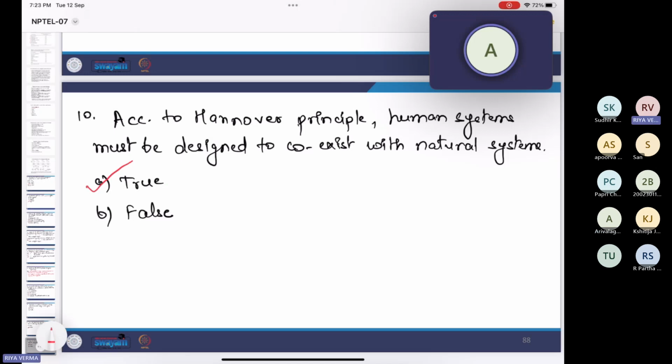Apart from that, if any other. Okay, I think a few sessions back, someone asked me about a book for this course, for LCA. So I would suggest that you just follow the IS code, that is IS 14040, because that is a standard code for LCA practice, and you can get any design or any LCA from that code only.